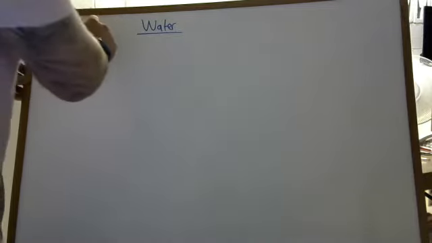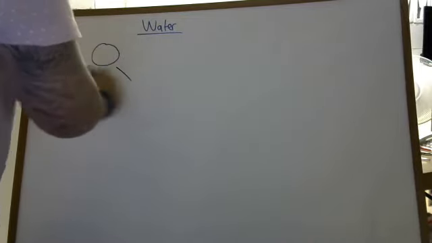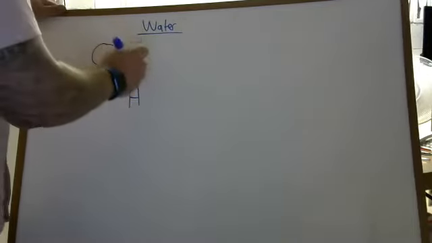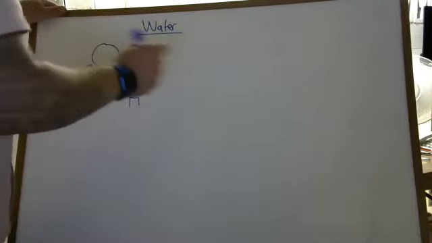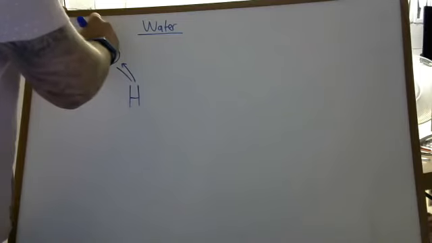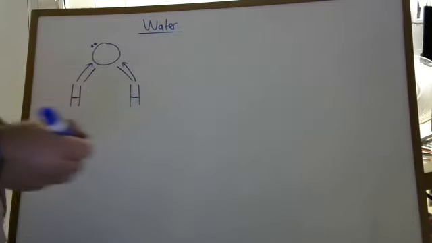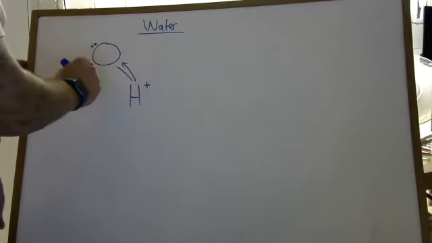So this is the structure of water. These electrons from hydrogen go on to oxygen. Hydrogen becomes positively charged.